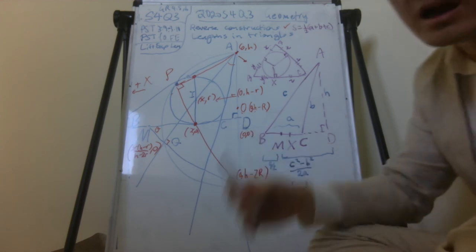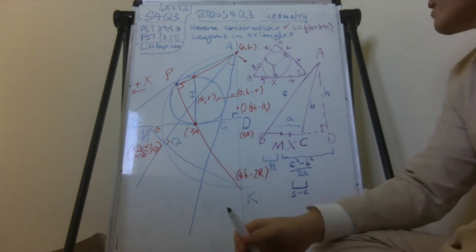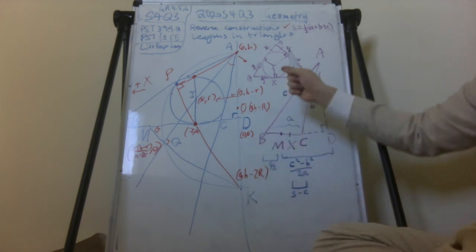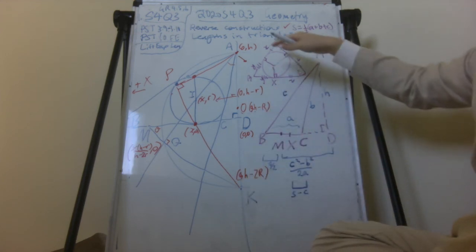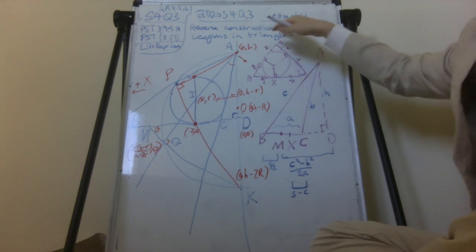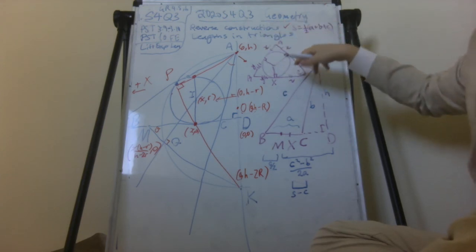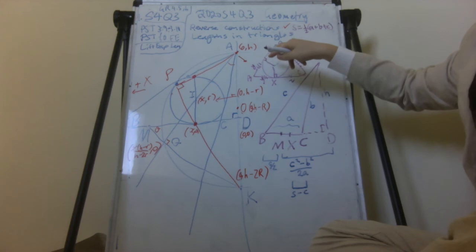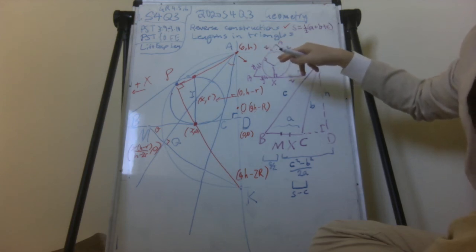In AIMO, just from all the questions I've done, you don't actually need to know exactly what they're equal to. You just need to know that they're equal. And drawing those tangent lengths actually solves a lot of problems in AIMO.